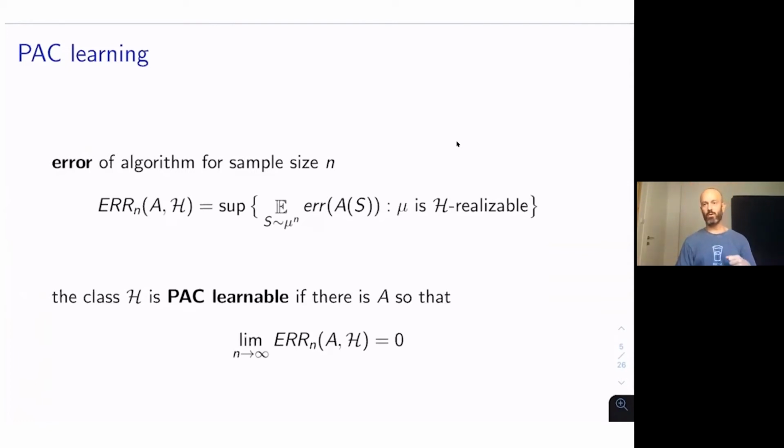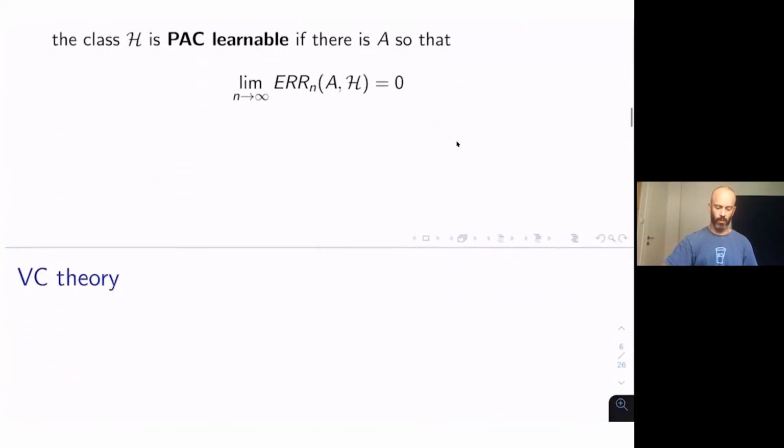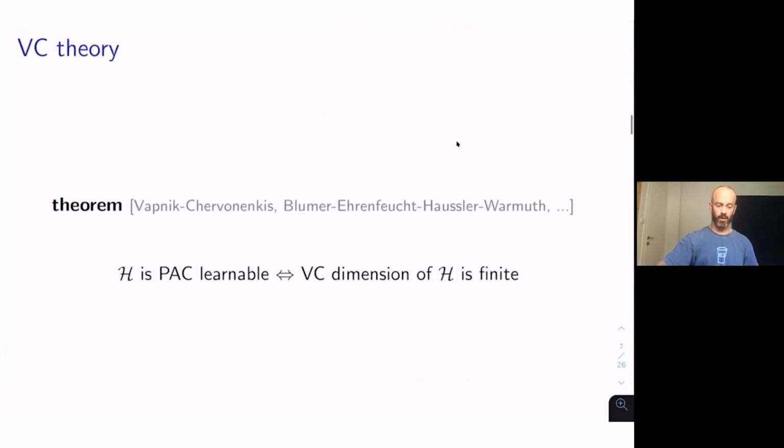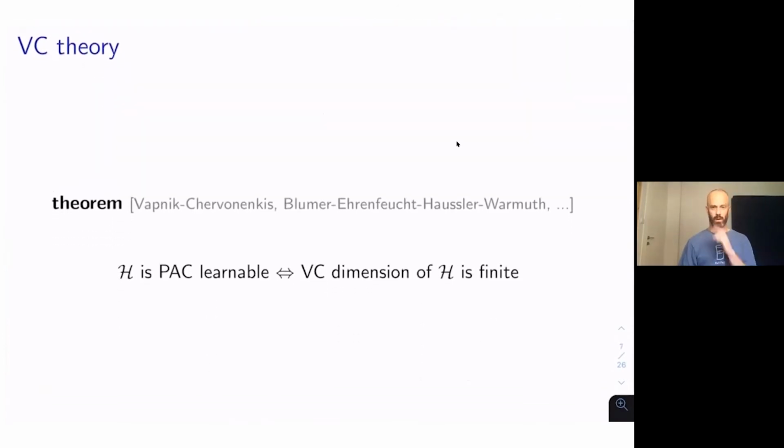And now I want to explain what we want to add to this definition, or how we want to revisit it. But before I tell you how we want to change it, this theorem is maybe the most celebrated theorem in statistical learning theory.